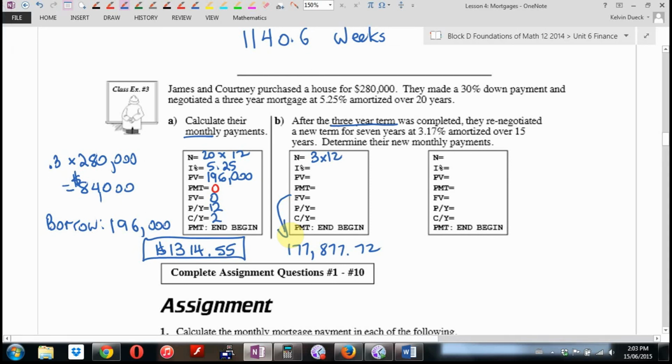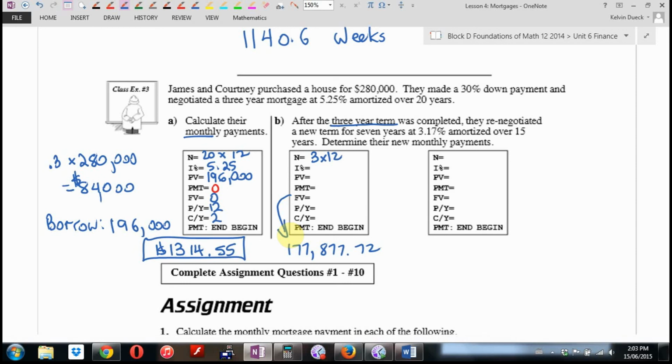So what's their new loan? Let's figure it out. What's N? How many years long is their new renegotiated loan? 7. Careful, that's the term.